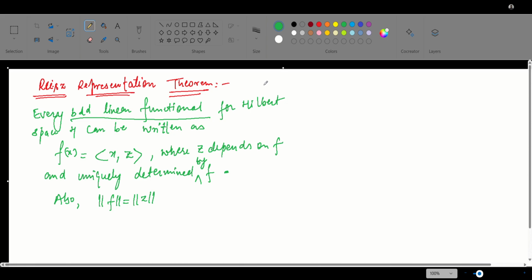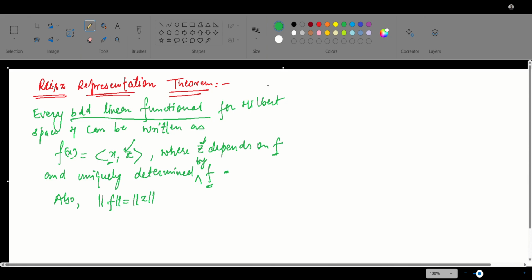And it can be represented as, that means the function f of x can be represented as the inner product of x comma z, and z actually depends on the functional f, and is uniquely determined by f. So now we are going to prove it.